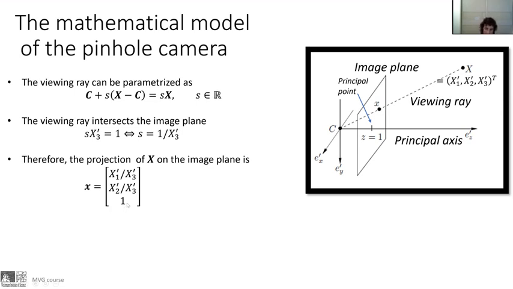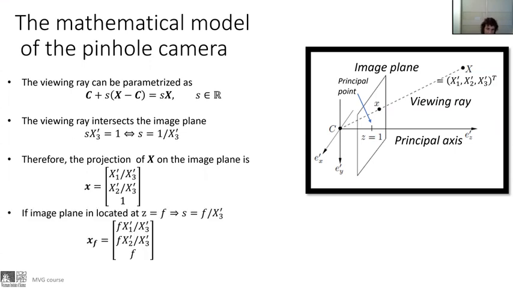I think that in the computer vision course, you made this derivation using similarity between triangles. You'll get the same result. Also, if the image plane is located at Z equal to F, then S would be F divided by X3 prime, and everything will be multiplied by F, like you see here.